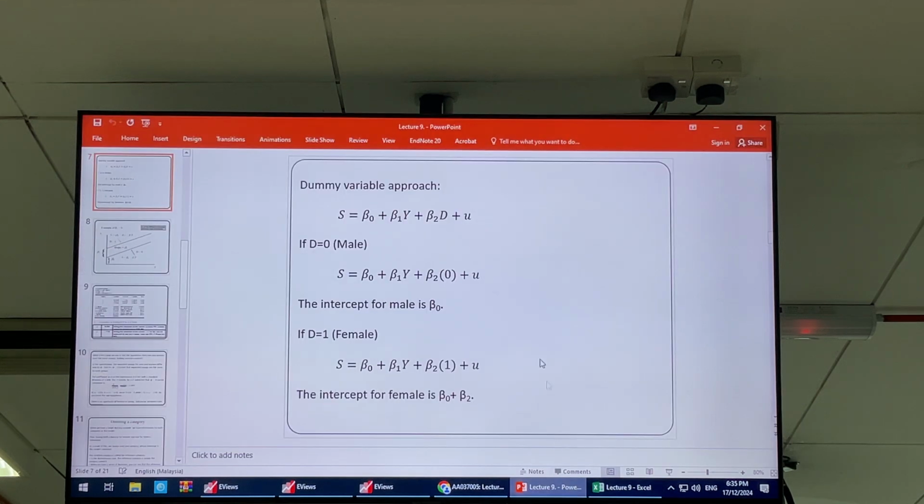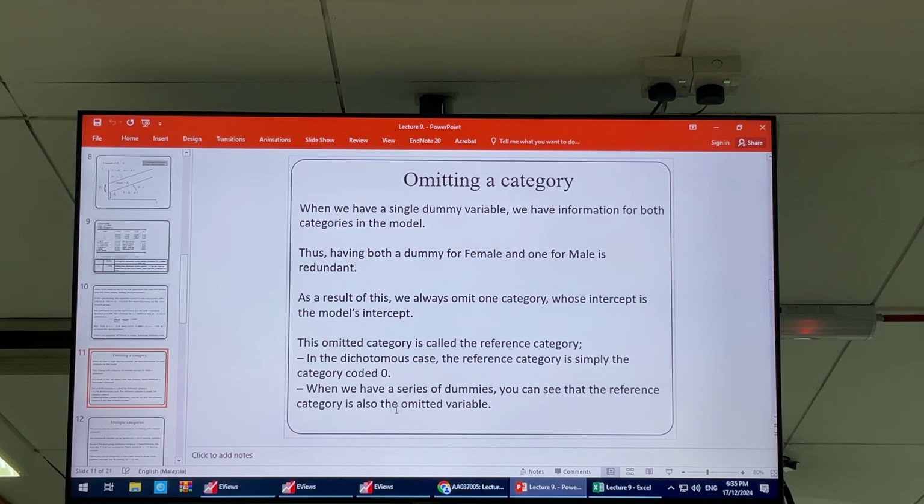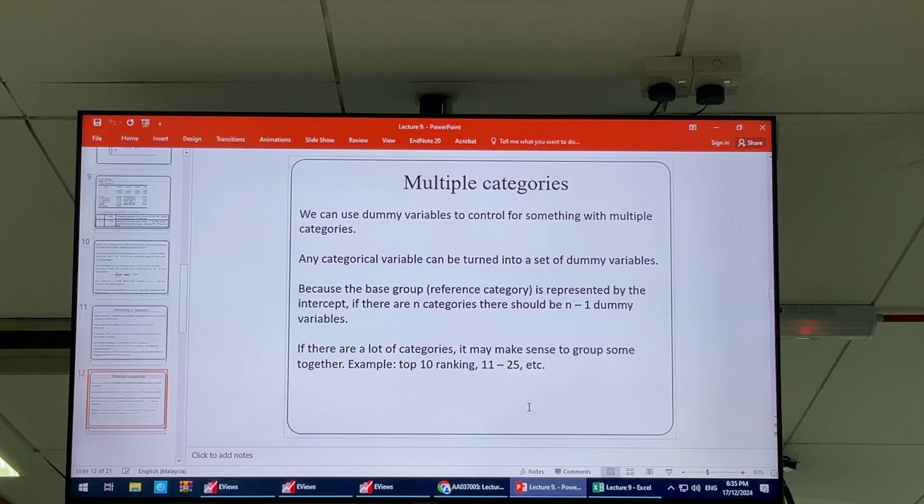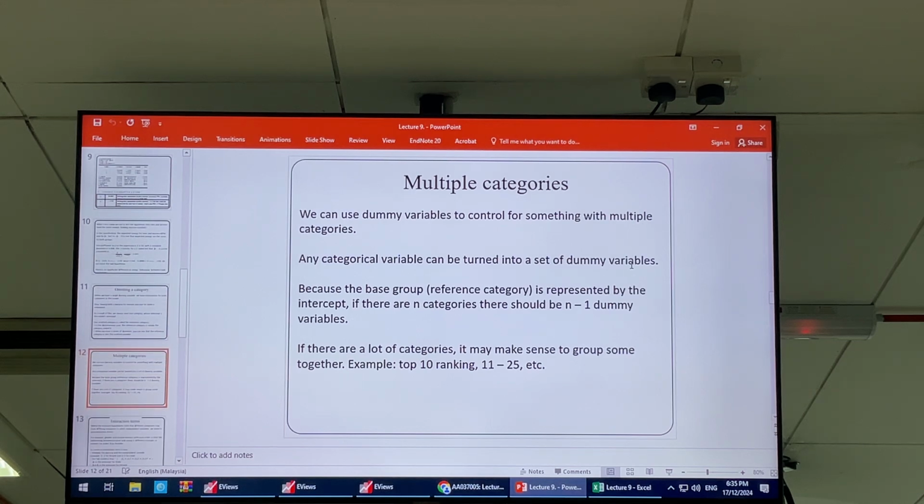So for the case where we have more than 2 variables, when all of them equal 0, then that is our reference category. Again, when we have a series of dummies, the reference category is the omitted variable. So with multiple categories, we can use dummy variables to control for something with multiple categories.